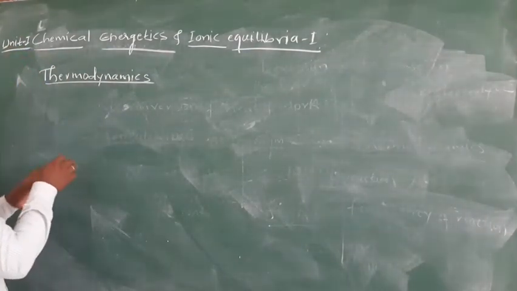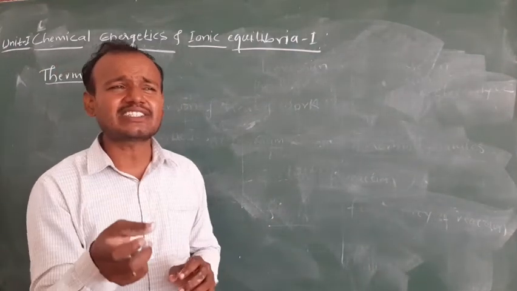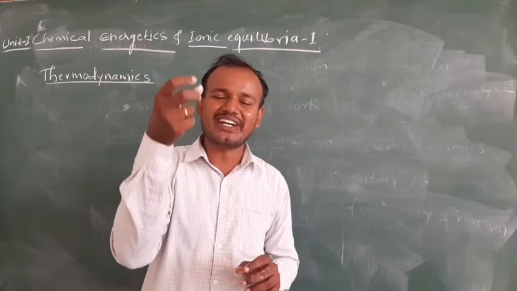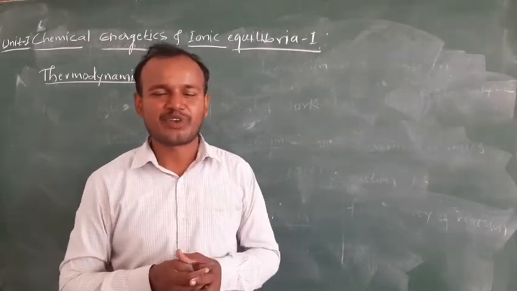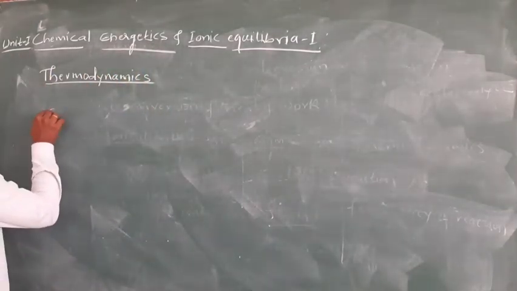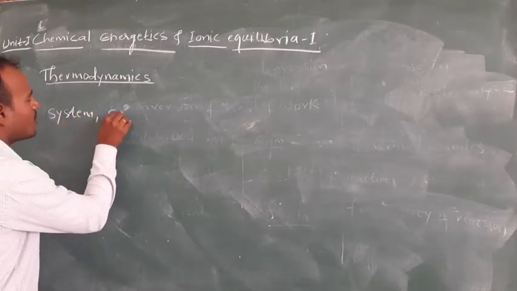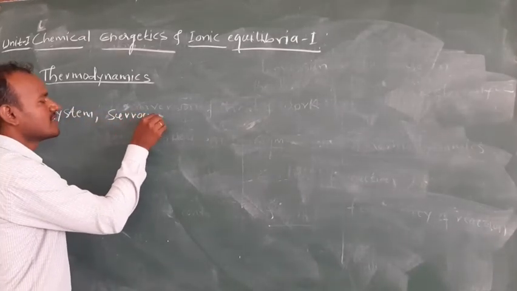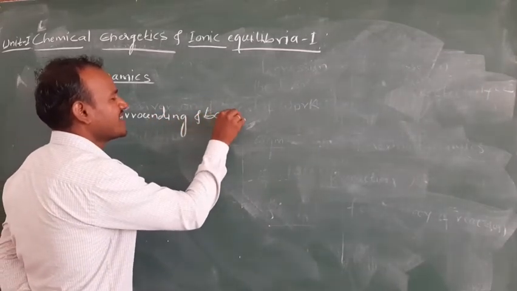Before going into the details of thermodynamics, you must know certain important terms involved in thermodynamics. Firstly, we are going to study system, surrounding, and boundary.